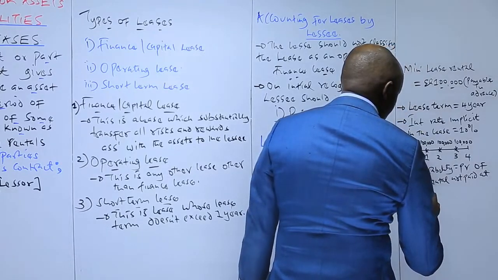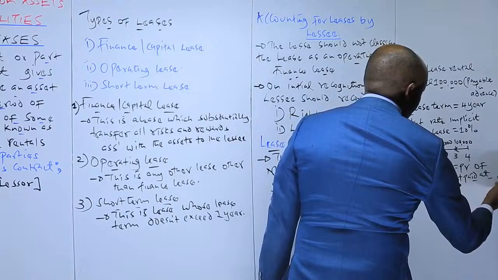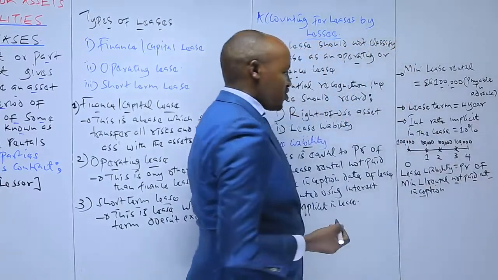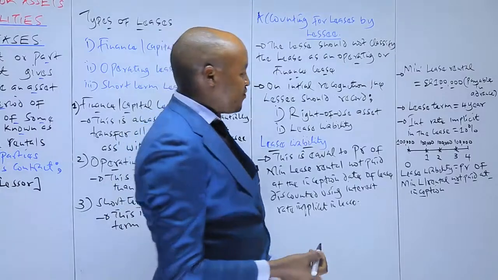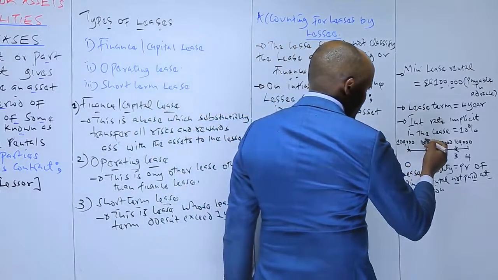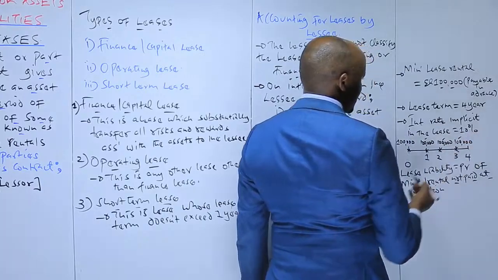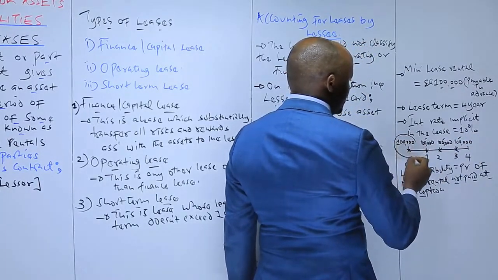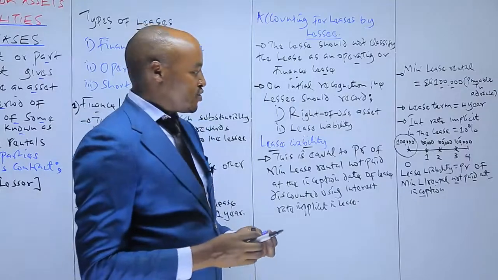When we talk about the minimum lease rentals not paid at the inception date of the lease, we are talking of the rent which was paid at the start of year 2, at the start of year 3, and at the start of year 4, because the amount at the start of year 1 was paid at the inception date.